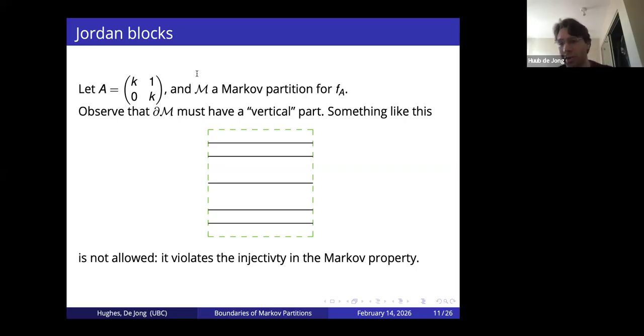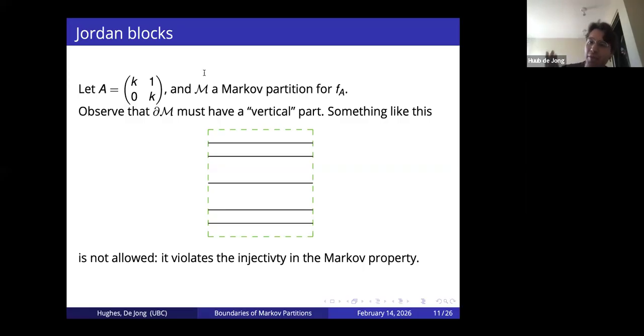This is not a Markov partition, because one of these strips gets multiplied by k in the x direction, with absolute value at least 2. So it's going to get doubled and intersect with itself in its interior, which breaks the injectivity that we want.